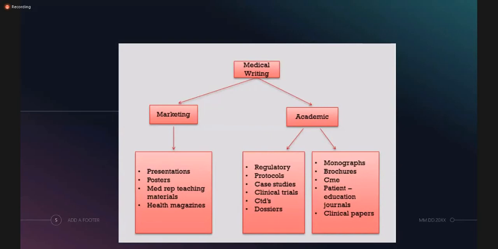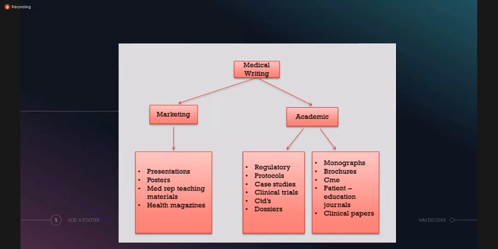Okay, right. So coming to the academic part of medical writing, it can be classified further. One type of academic writing is what we are dealing with in the DUHS or any medical university: preparing brochures for patients, conducting CMEs, making patient education materials, or publishing our papers in peer-reviewed journals, which are supposed to be read by the general public as well, because they are openly published on the internet.